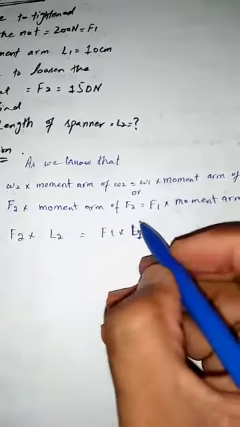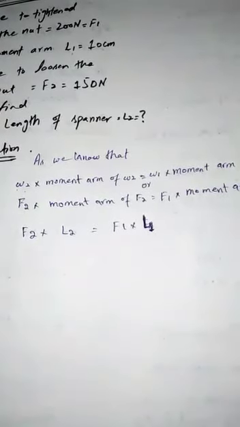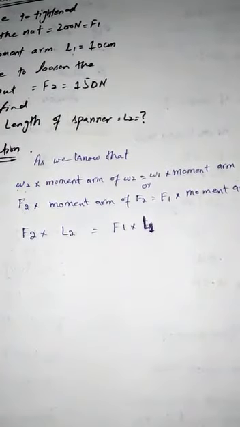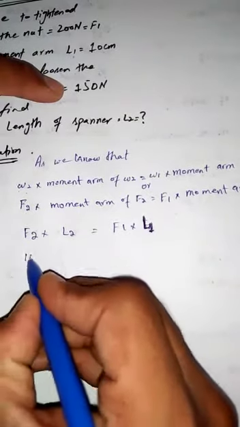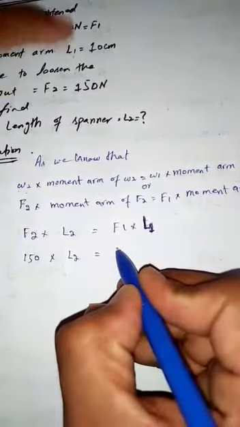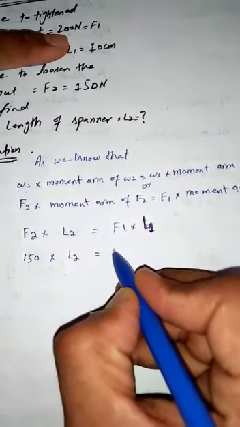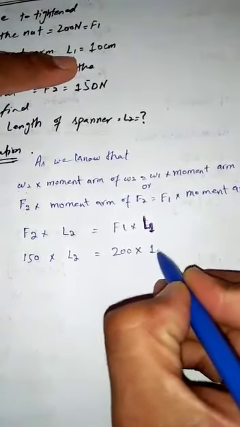Clear? Now by putting the values, we know that F2 is 150 multiplied by L2, which we have to find, and F1 is 200 Newton and L1 is 10.